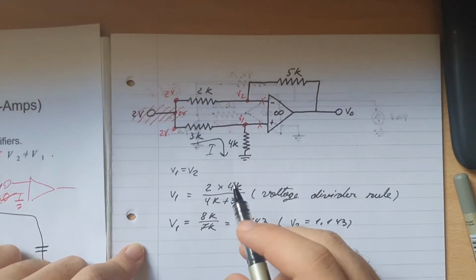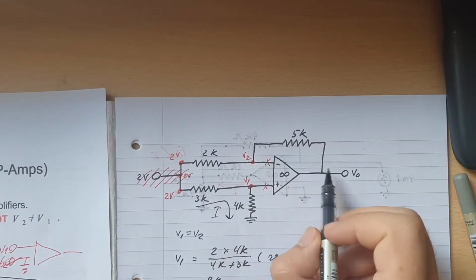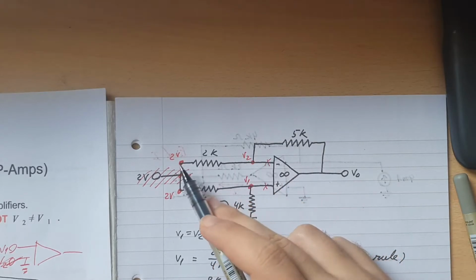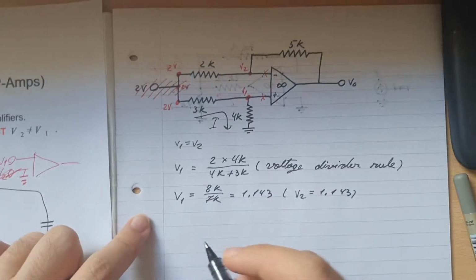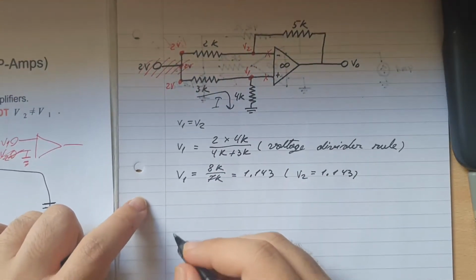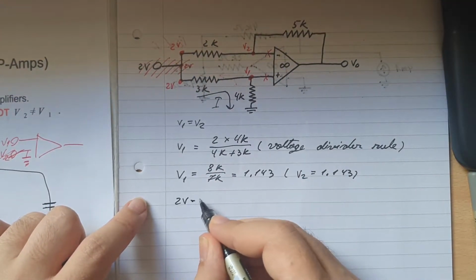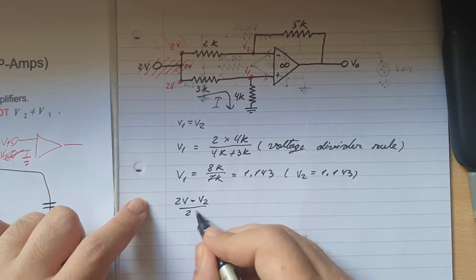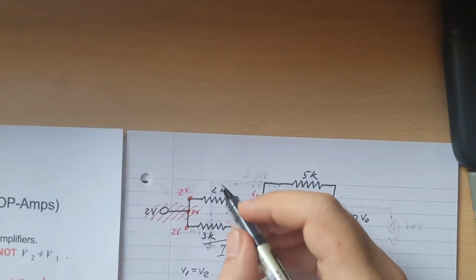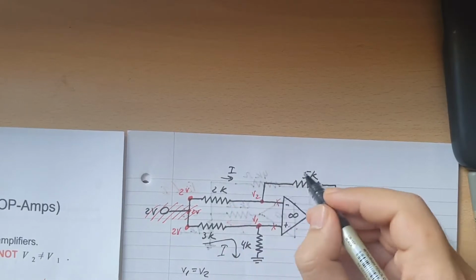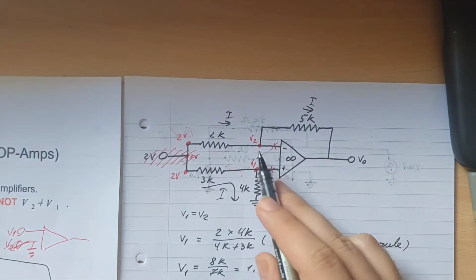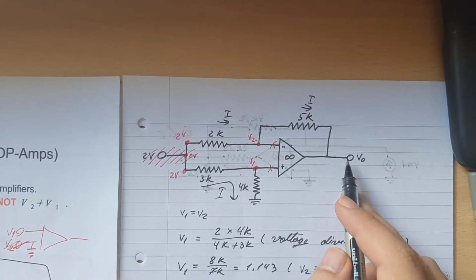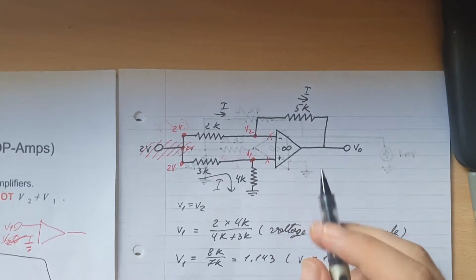Alright, then the next step will be to calculate this inverting part. So it will simply be 2 volts minus V2 divided by 2K, equal to, because of Kirchhoff's law, the current I going through it and the same current I coming out here, V2 minus Vout divided by 5K.